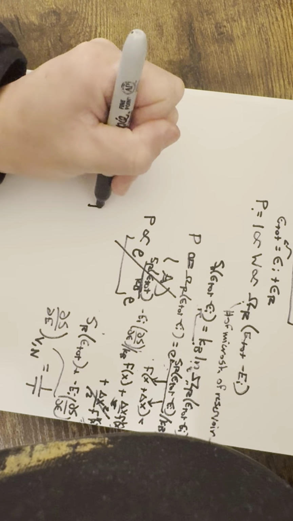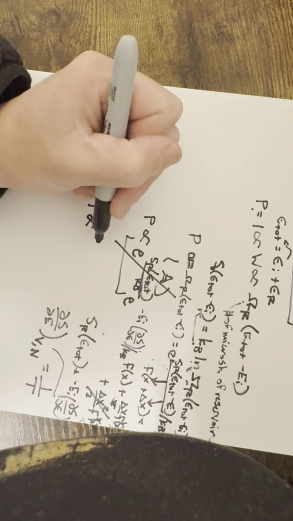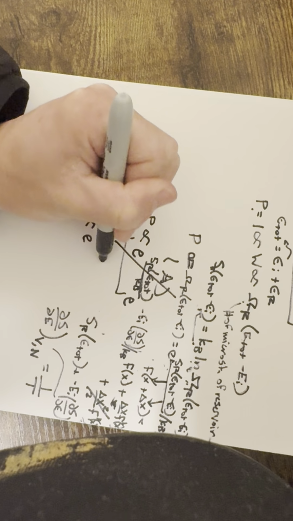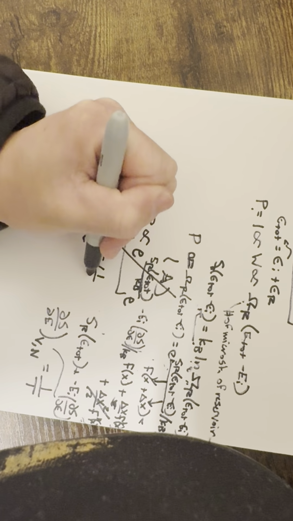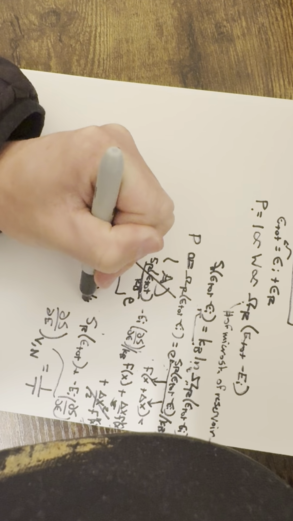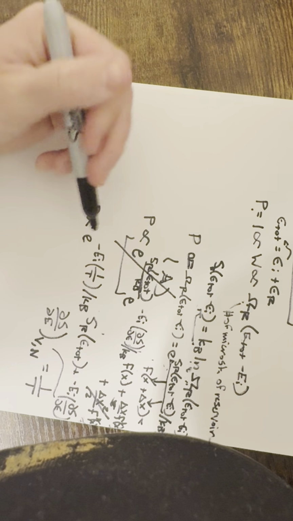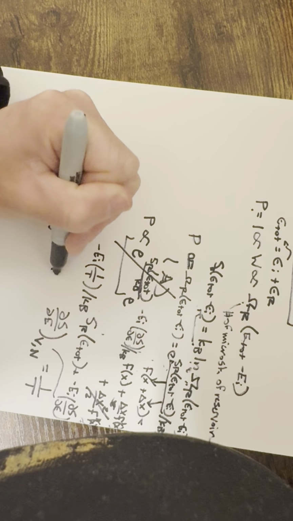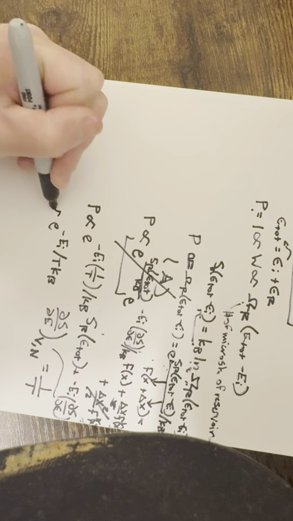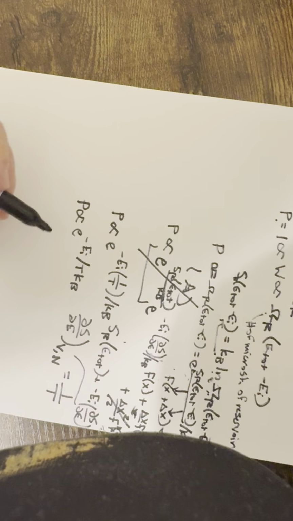So then we have probability proportional to e to the negative E_i, and we plug in 1 over T, over k_B. That's going to be written as negative E_i over T k_B. Probability is proportional to that.